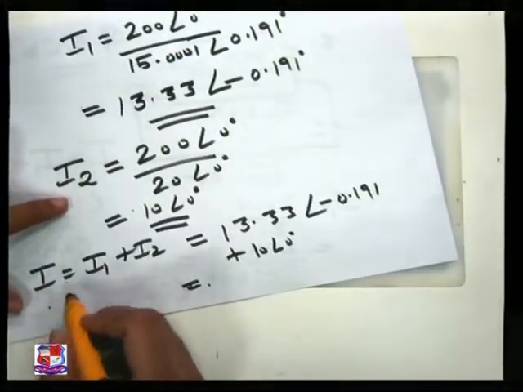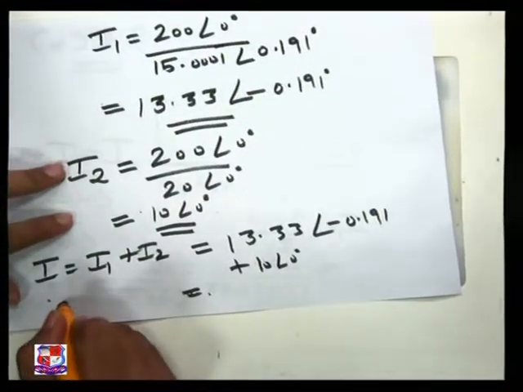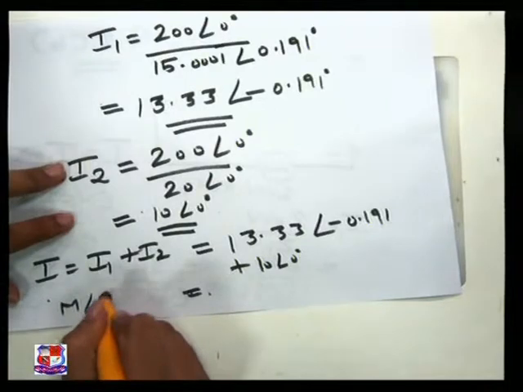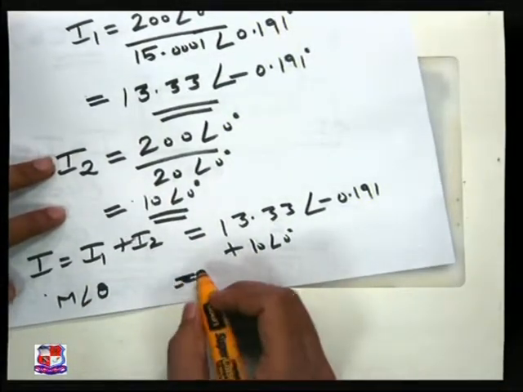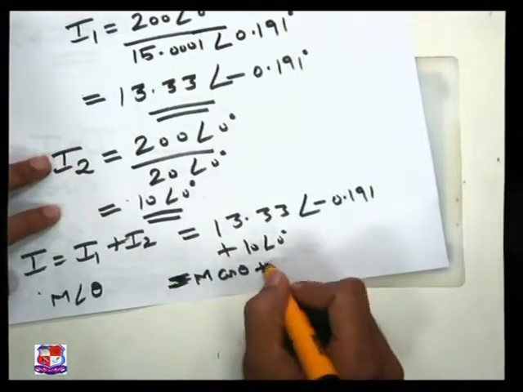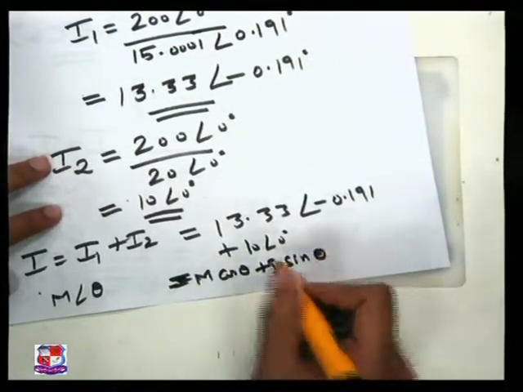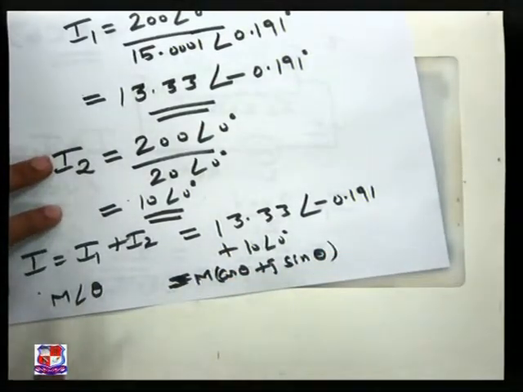If the magnitude as well as the phase is given to us, like this is the magnitude and this is the theta phase, how do we write this in equation form? We can write it as the magnitude m times cos theta plus j sin theta. That m will be multiplying, right.